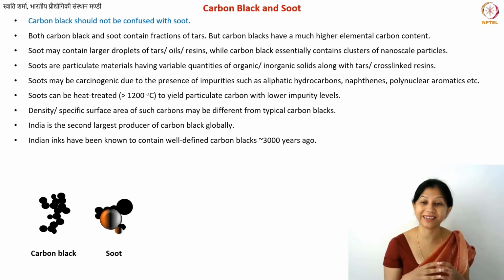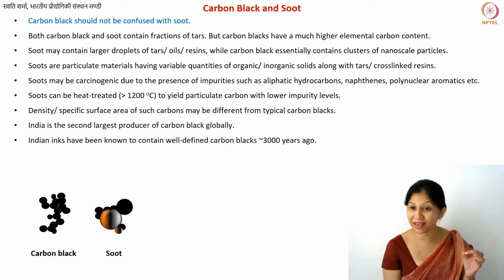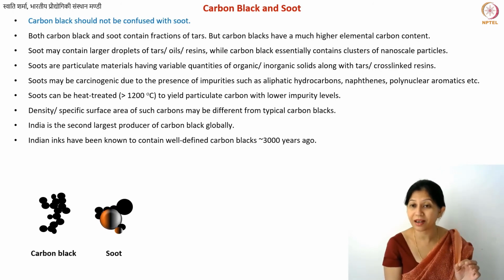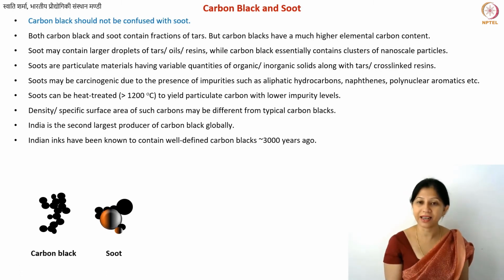But we definitely know that India did produce inks even 3000 years ago. And approximately 3,000 years ago, we actually had well-defined carbon black production in the country, and those carbon blacks were used as pigments for these inks, and those inks were actually supplied all over the world. They were even called Indian inks. So the history of carbon black definitely involves India.